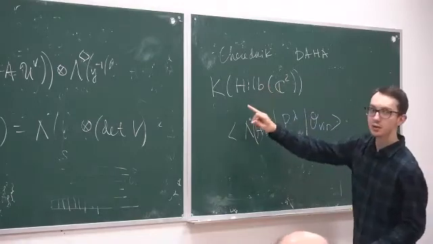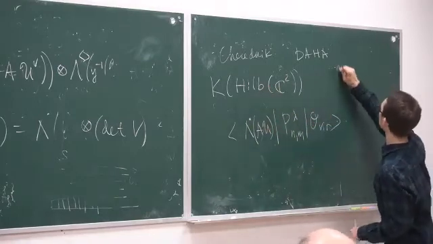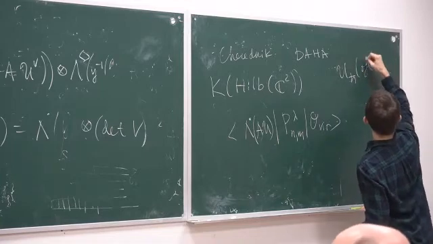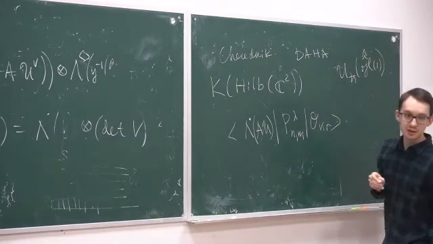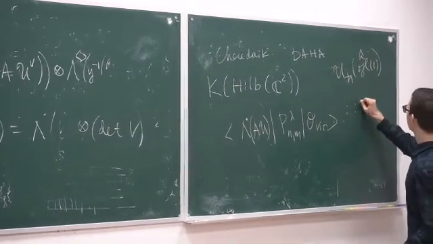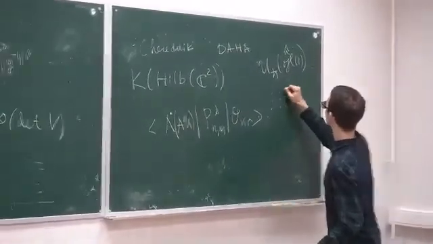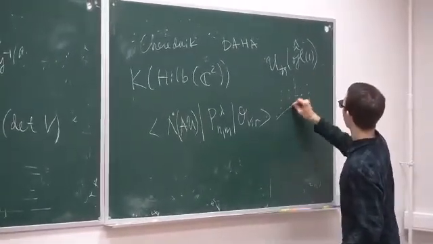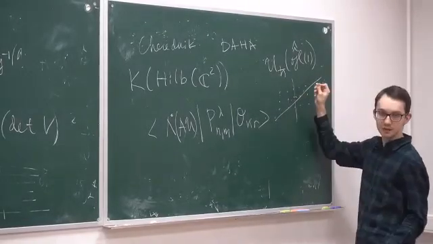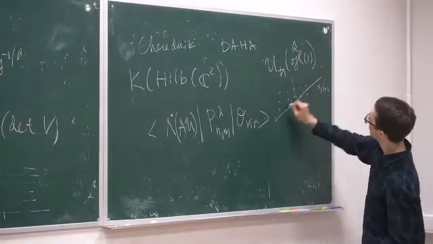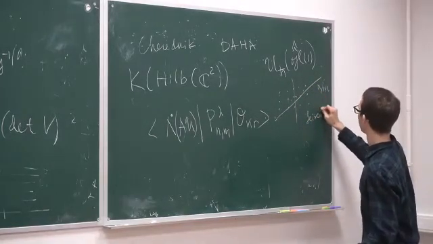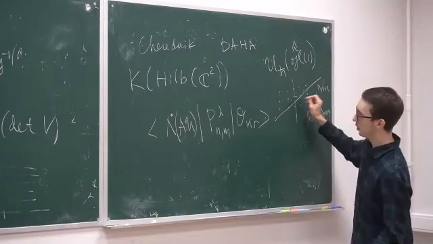On the K-theory of the Hilbert scheme of points on C2, there is an action of the algebra U of GL1 double hat. This is the quantum toroidal algebra. This is the double affine algebra. And we select the slope n over m in this algebra. Then on this line, there is a Heisenberg algebra of operators.